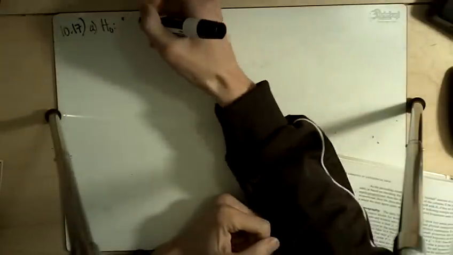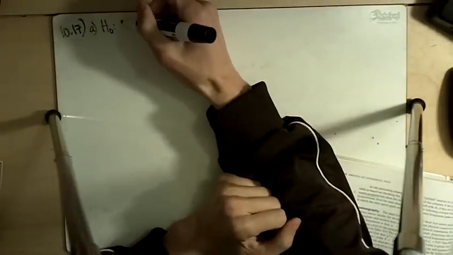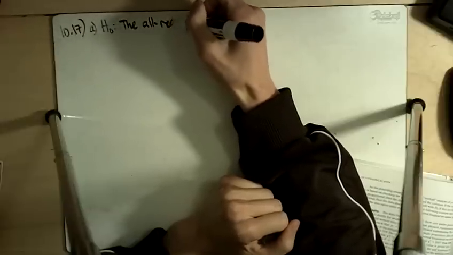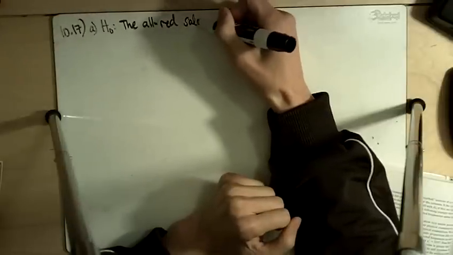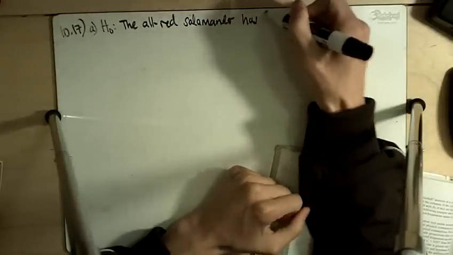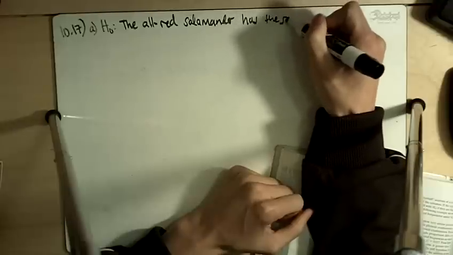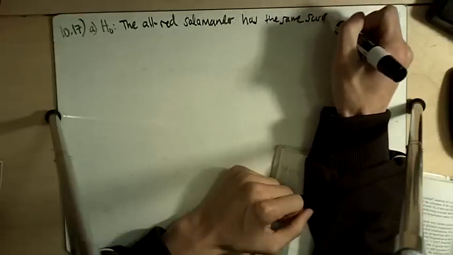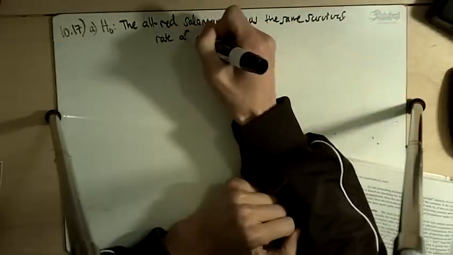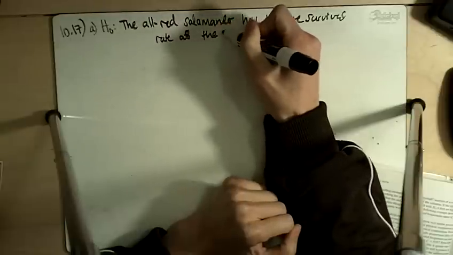So in words, the null hypothesis would be the all red salamander has the same survival rate as the striped form.